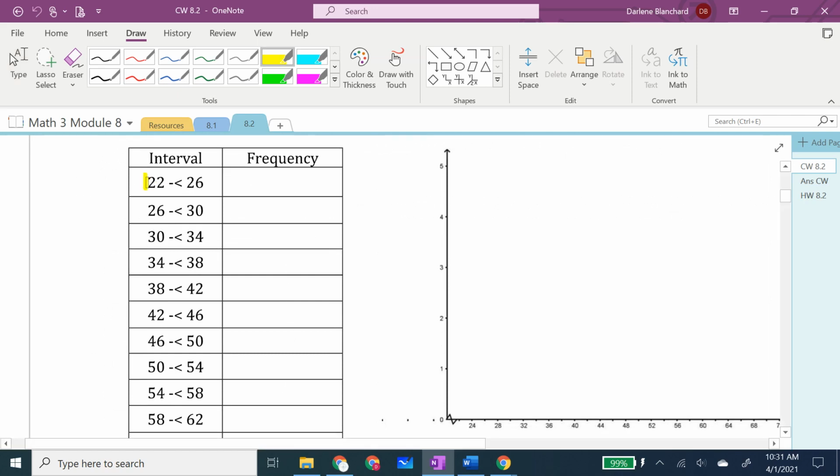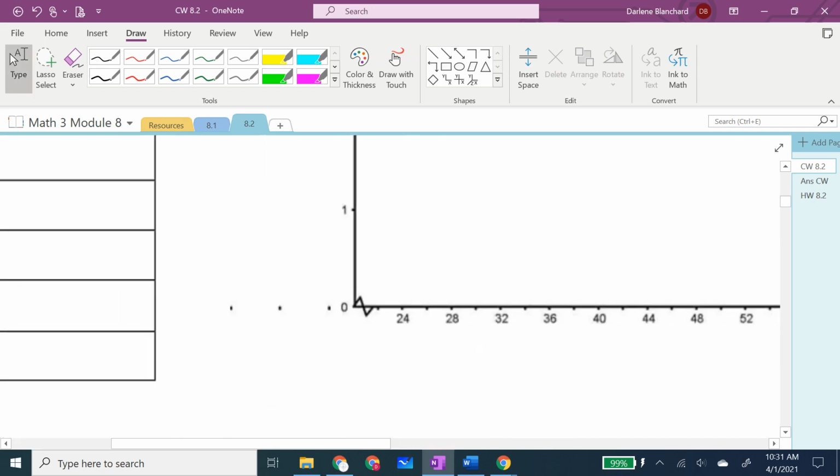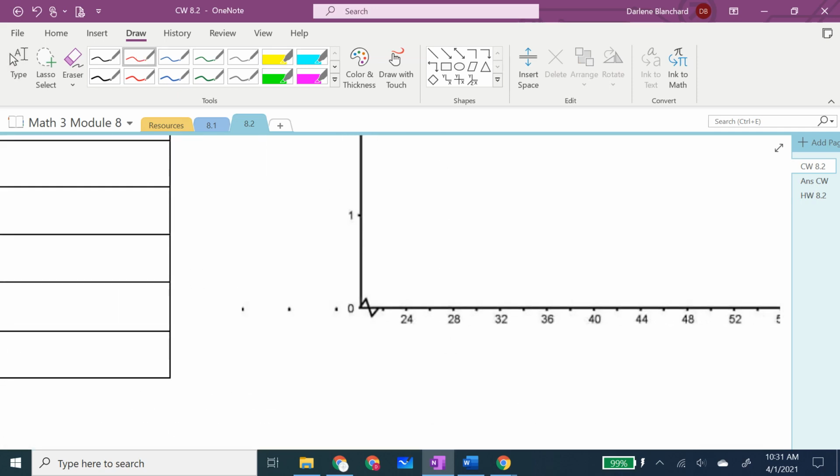One of my intervals is from 22 to 26. Now I take a look down here and I can see that I've got a 22 and a 26. And I'm going to draw a line in between those 2 points. I need to find out how many people or how many objects came out with the number between 22 and 26.